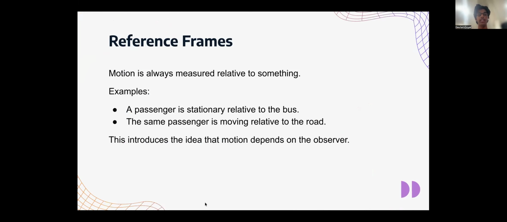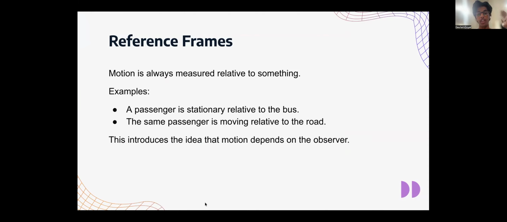A reference frame means motion is always measured relative to something else. If I'm running on a track, I'm running 10 miles per hour relative to the ground, or relative to someone else standing.